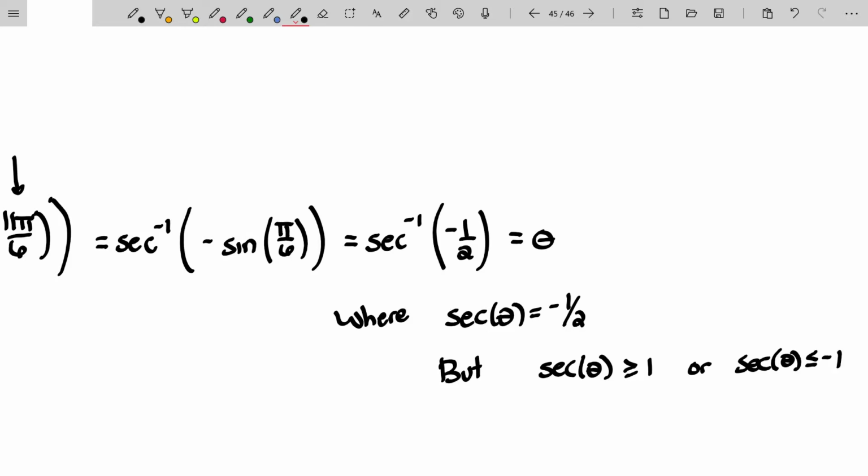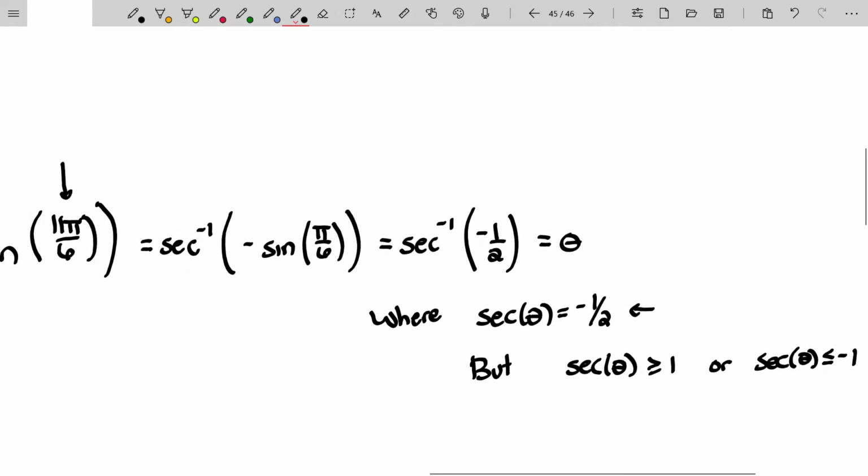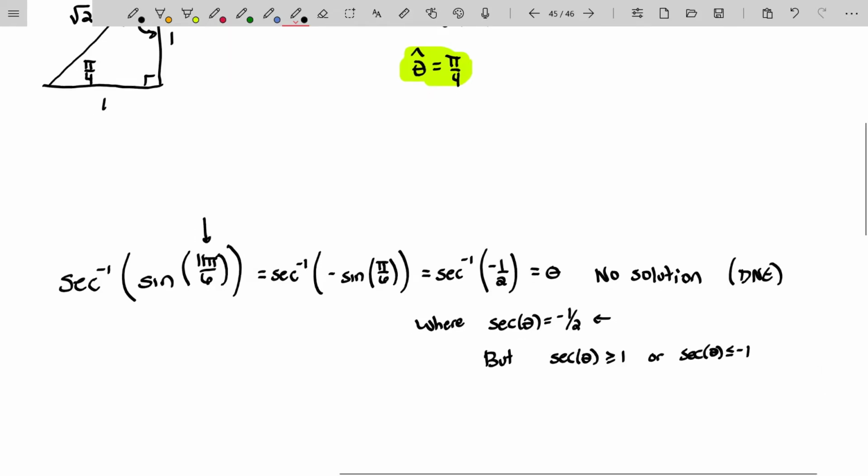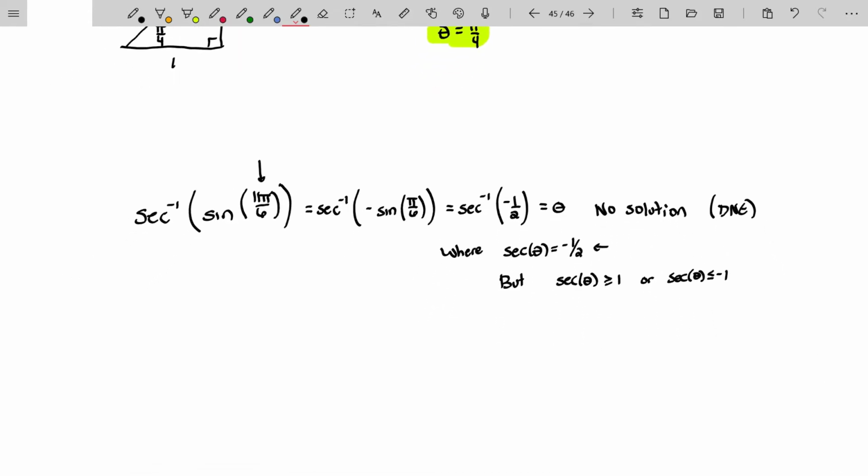In other words, there is no angle I could plug in the secant to get an output of a negative 1/2. So interesting problem, but there's no solution. So no solution, or does not exist, whichever you want. Does not exist is often used in computers. So we'll just do that. And that was an accidental one.